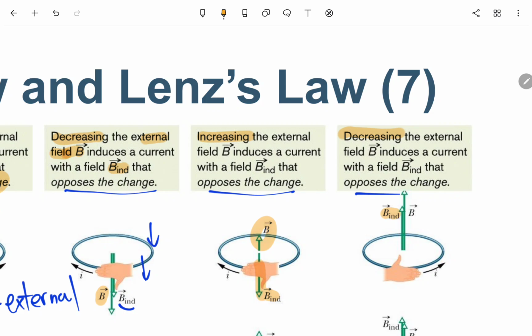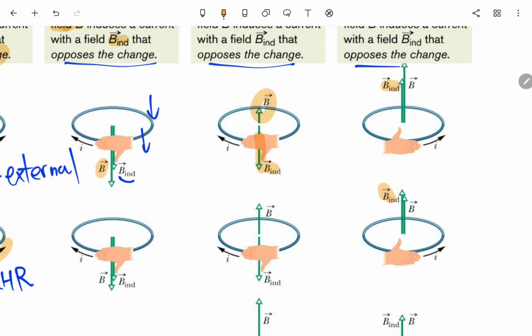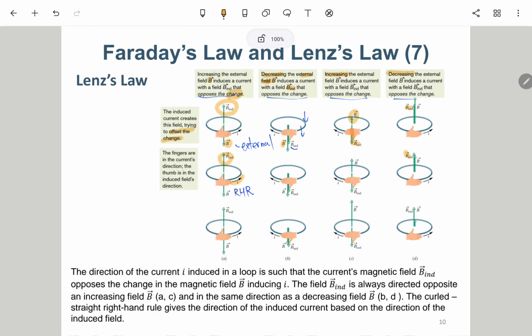So the B induced is pointing upward. In that case, you use your thumb to follow the direction of B induced. Using the right hand rule, the current is counterclockwise. Okay, so this is how Lenz's law operates, how to use Lenz's law to determine the induced current direction.